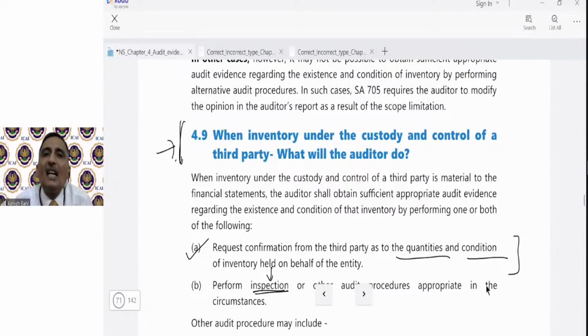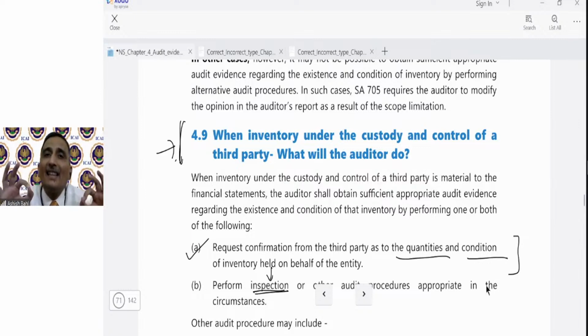Only in those conditions where it is not practicable, like there is some safety issue for the auditor, or if the auditor cannot access the plant, cannot go to the manufacturing facility of the company due to some reason, due to some natural disaster, or due to some other social reason.